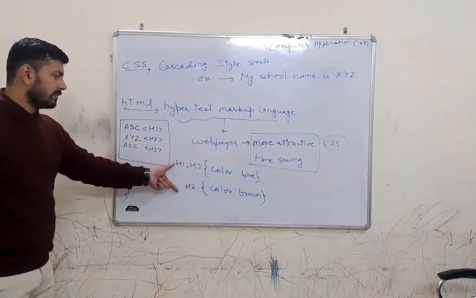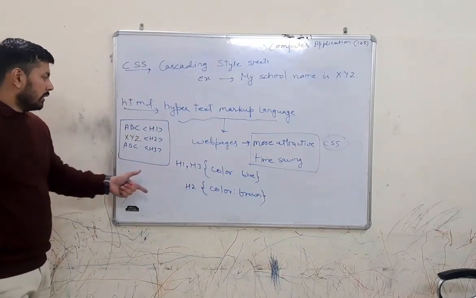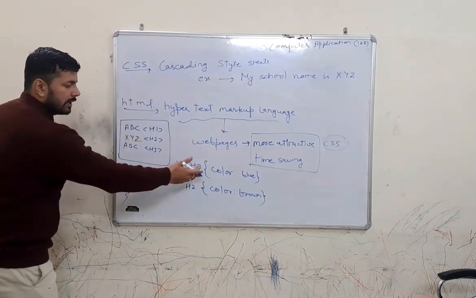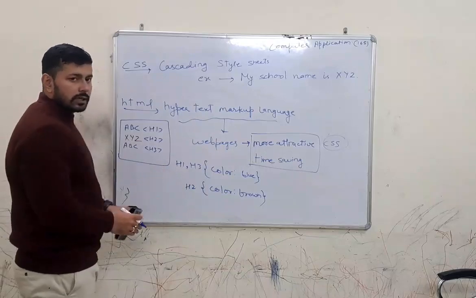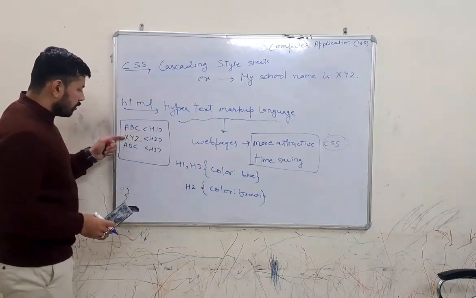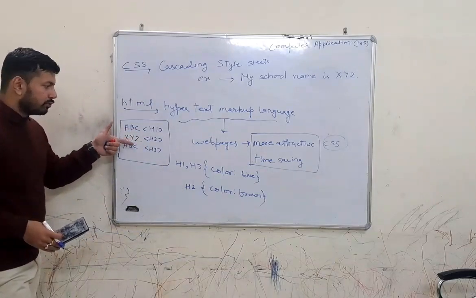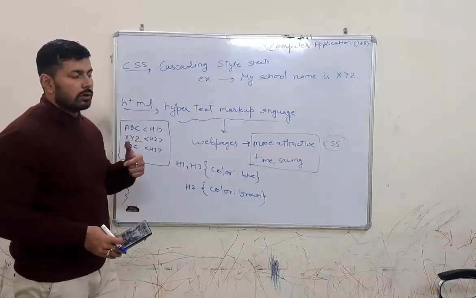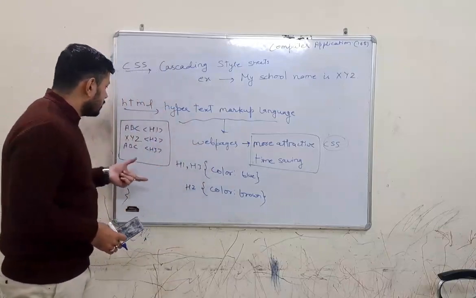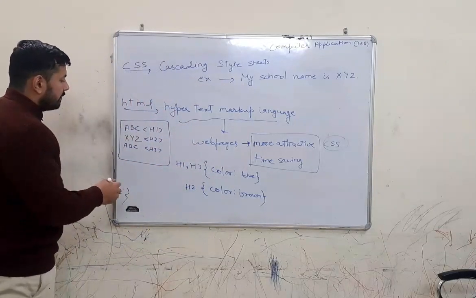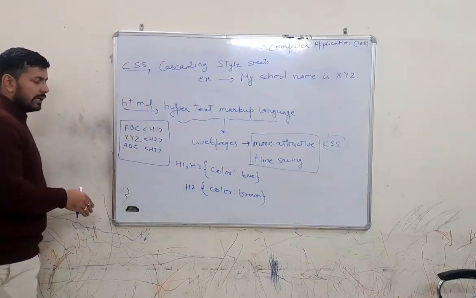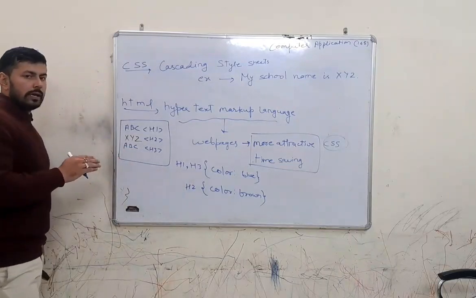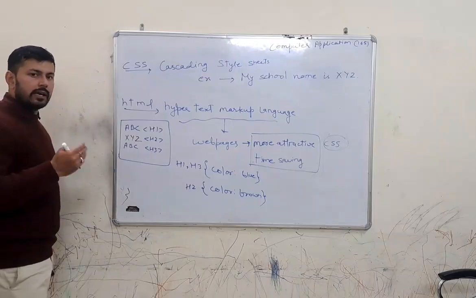So this is how it is time efficient for us. Because if I apply blue, brown, and then again blue, I have to mention it three times, and if I write further, I have to add the properties and values in HTML again and again.